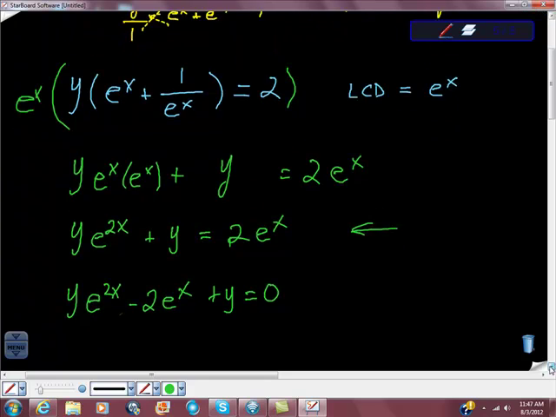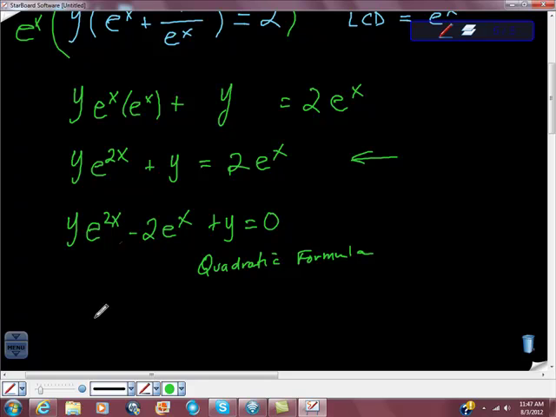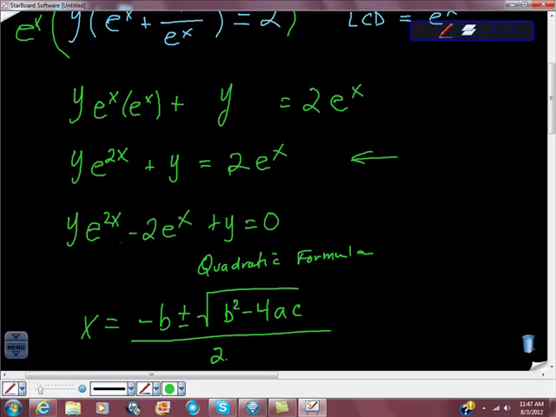Here's where it just turns into algebra, and some people are going to freak out, but it's just algebra. I'm going to use the quadratic formula here to finish this up. If you remember the quadratic formula, it says that x is equal to the opposite of b, plus or minus the square root of b squared minus 4ac, all over 2a.